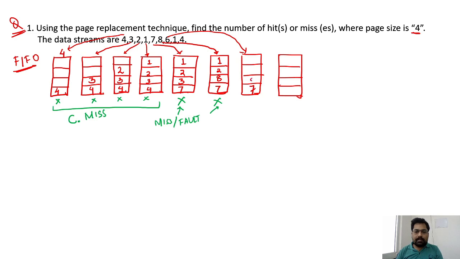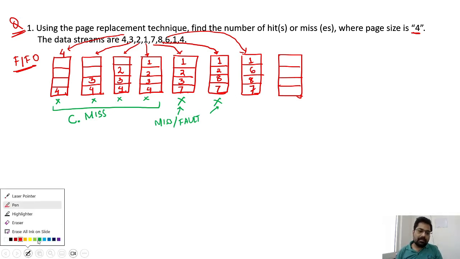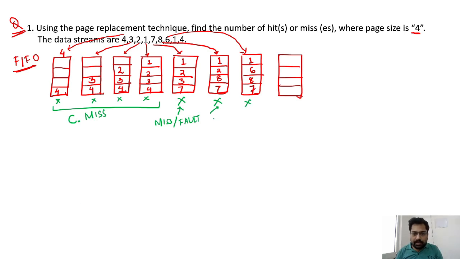I'm just writing these values as the data present inside the cache, and 6 has been asked. Here there is no 6, so which one will be removed? The 2 will be the third one in first come first serve. So 2 will be replaced and it will be written as 6. Though we are replacing, so we write miss, it's not a hit.